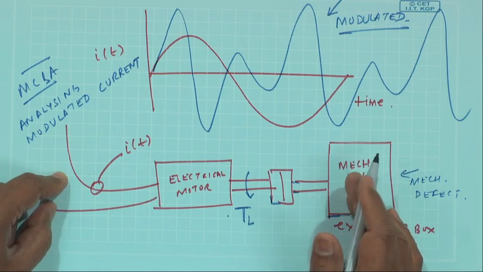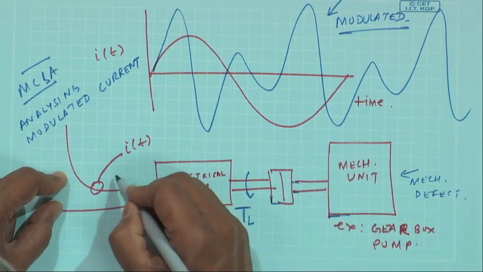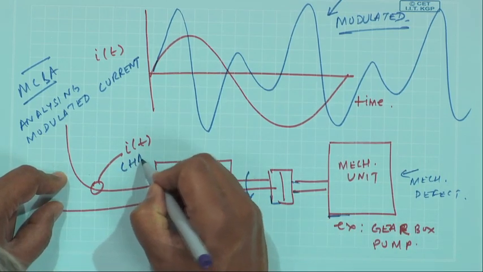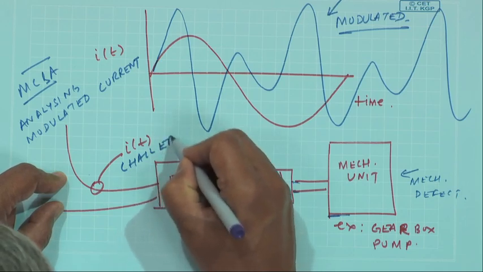Now, imagine this could be a unit very far off. This current carrying conductor could be accessible, usually with a Hall effect sensor.